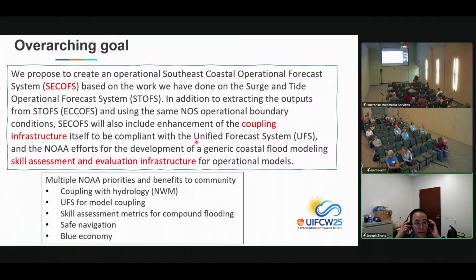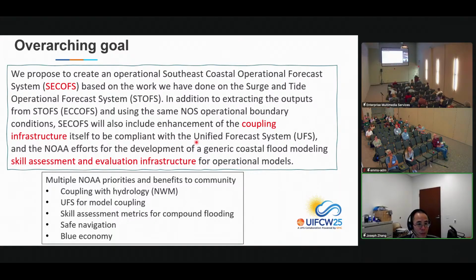The overarching goal for this CCOFS project, the BIL project for the Southeast Coast, is threefold. First, we're going to use this opportunity to bring up a new 3D operational forecast system for the Southeast Coast plus Puerto Rico. We call it CCOFS.